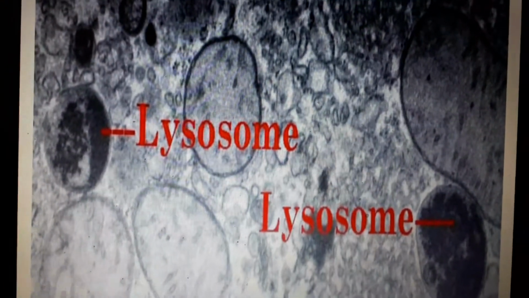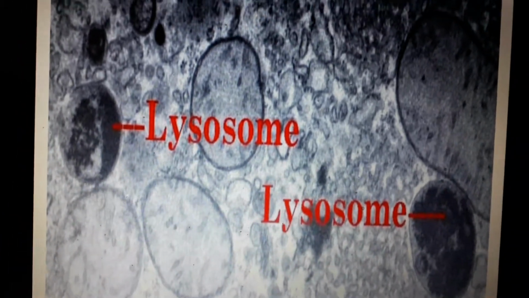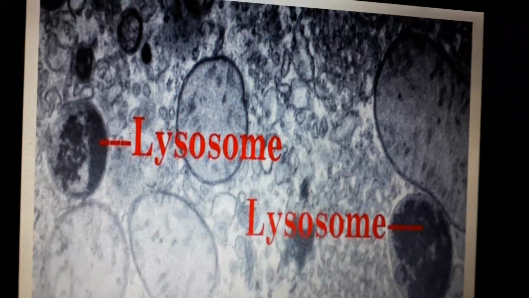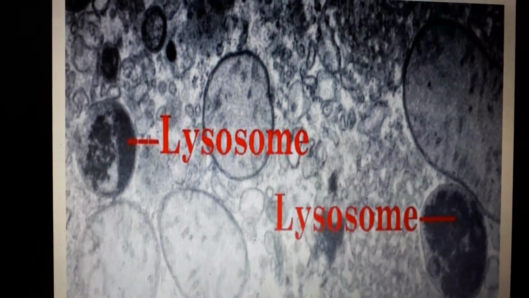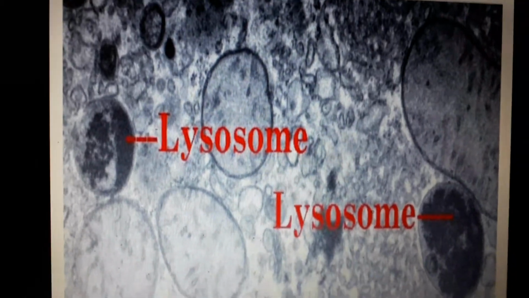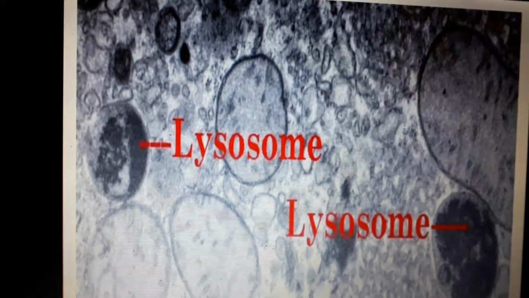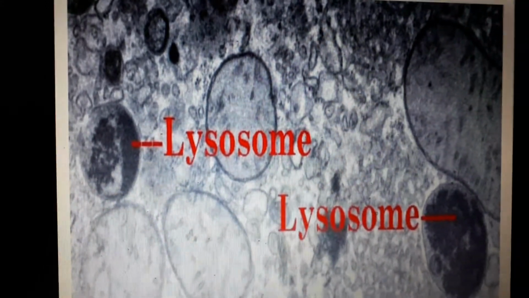So lysosomes in a way help in cleaning the cell. Whatever waste materials are found in the cell which are of no use to the cell are sent to the lysosome department, and the lysosome destroys or digests them.